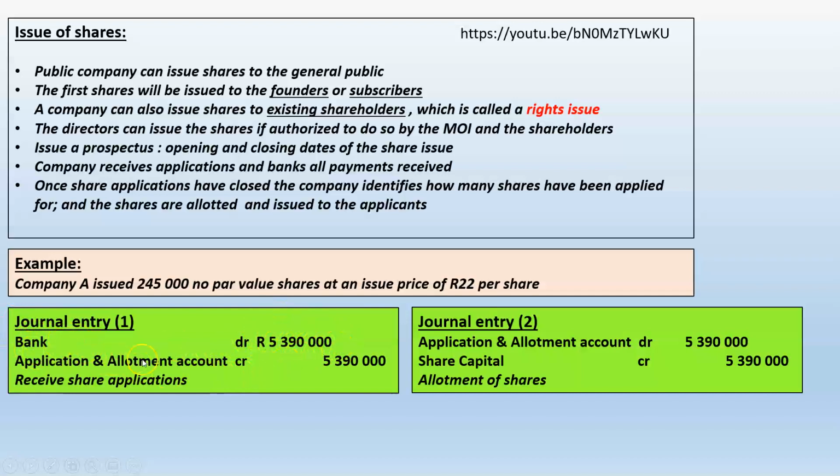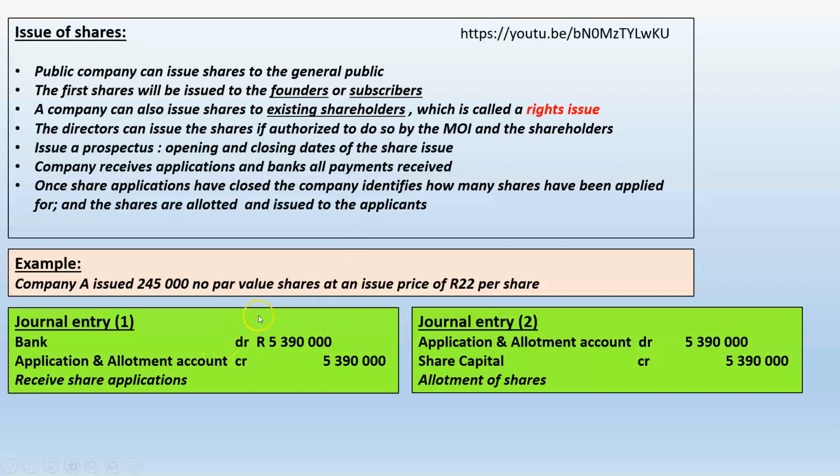We cannot take the counter leg at this stage to share capital because we haven't allotted the shares as yet. At this stage, the money that is lying in that bank account does not even belong to the company, it belongs to the applicants. So therefore, we take it to an in-between account, and we call that account the application and allotment account.